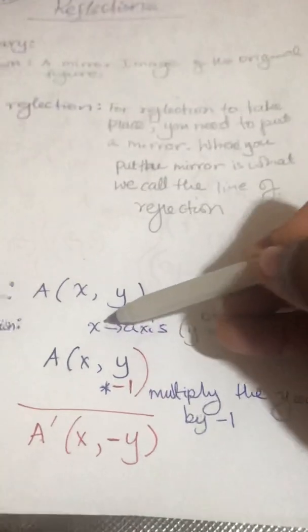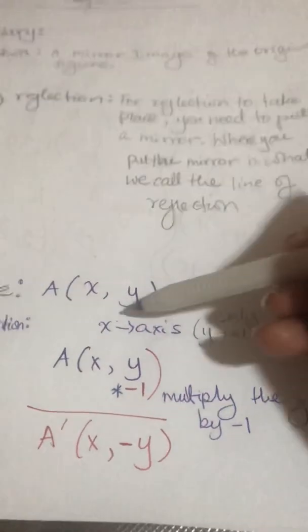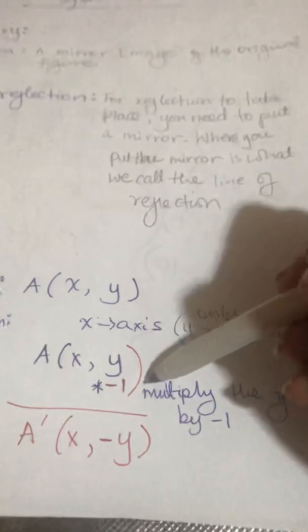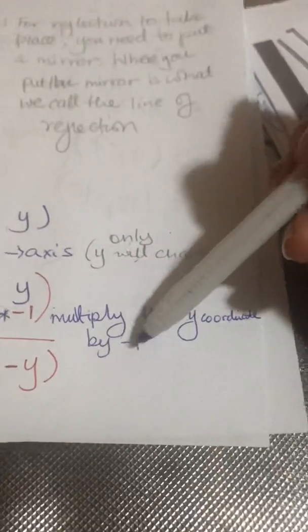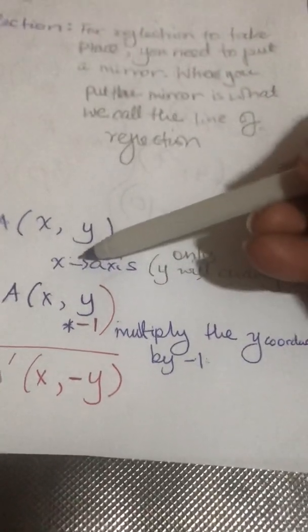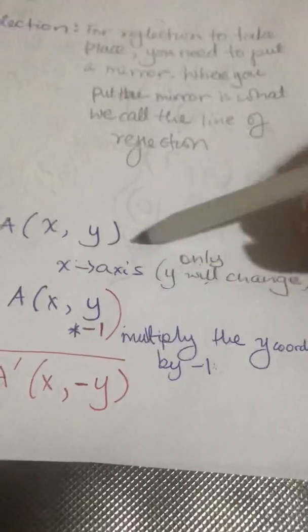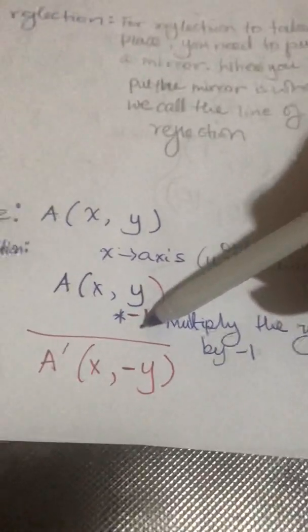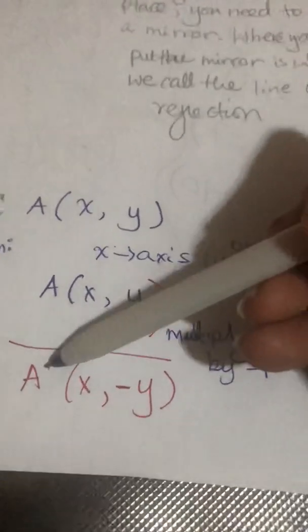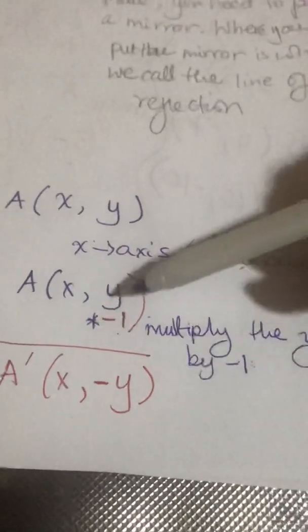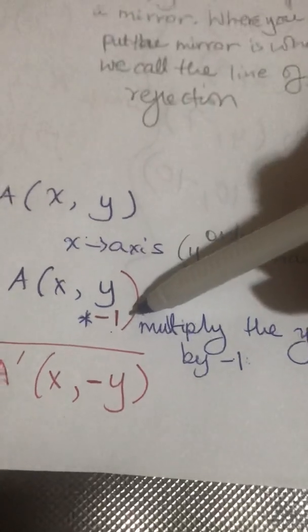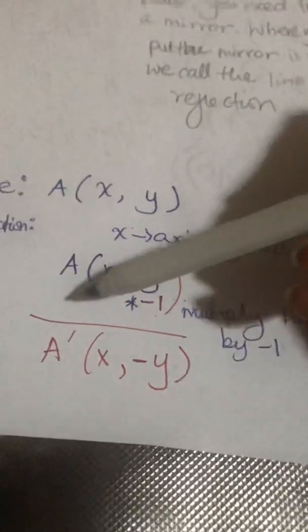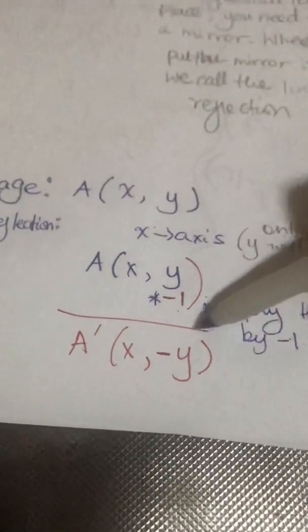So when they say Y axis, you change X. When they say X axis, you change Y. And how do you change X or Y? You multiply them by -1. So here we are changing Y because the question told us X axis. We multiply Y by -1, so our answer will be the number for X, but the number of Y multiplied by -1. This will be your image.